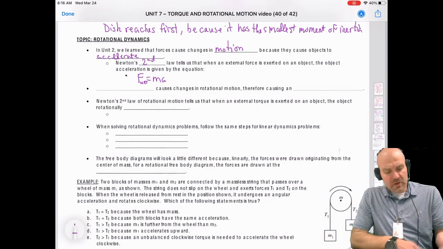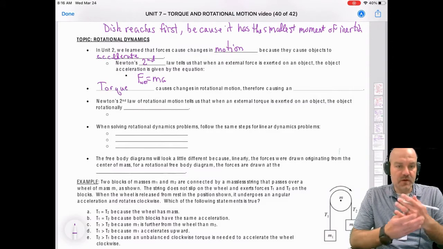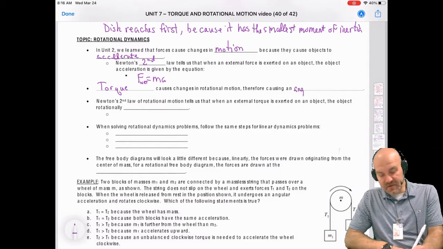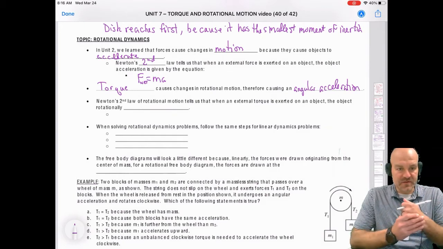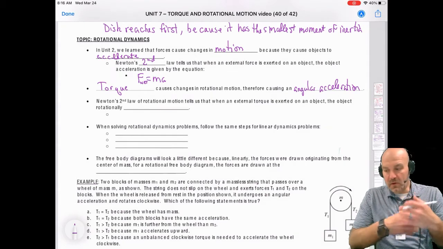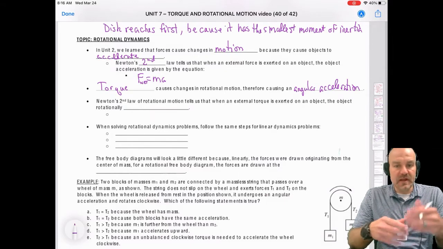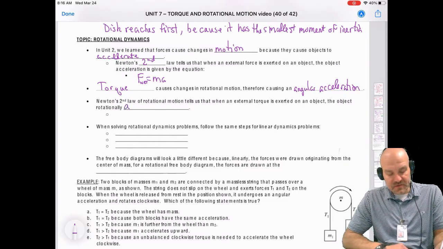Now, you have to remember in this unit, our rotational equivalent for force is torque. So torques are going to cause changes in rotational motion, therefore causing an angular acceleration. Newton's second law of rotational motion tells us that when an external torque is exerted on an object, the object will rotationally accelerate.